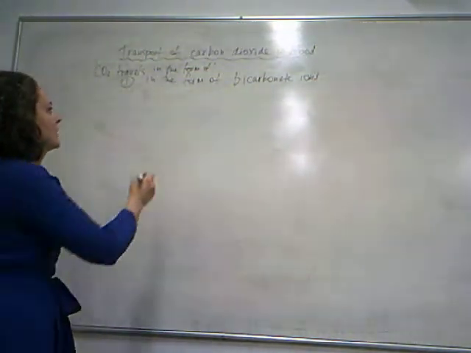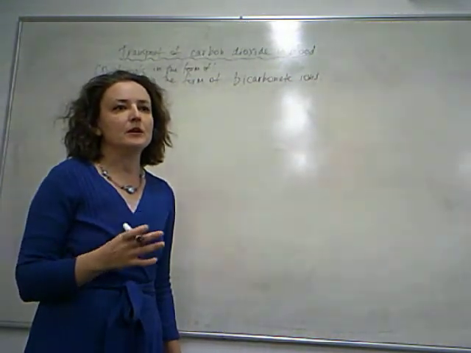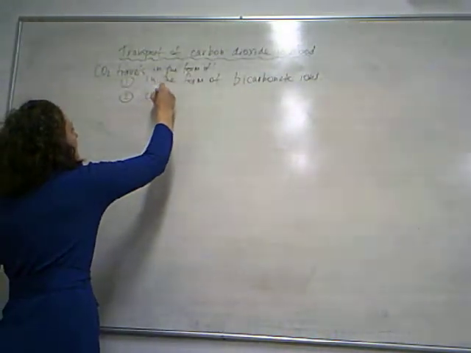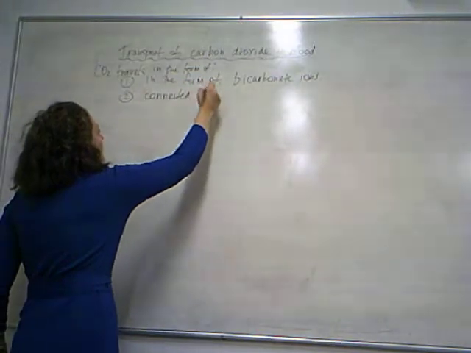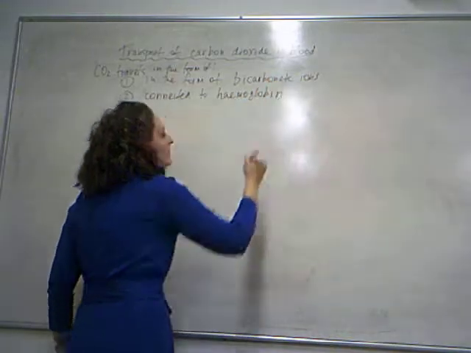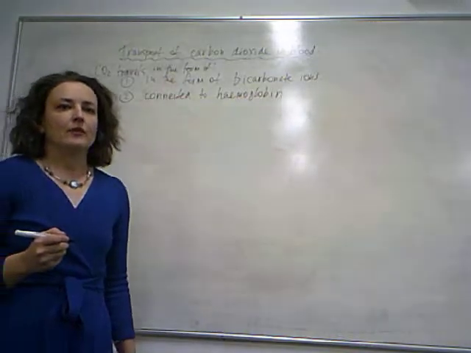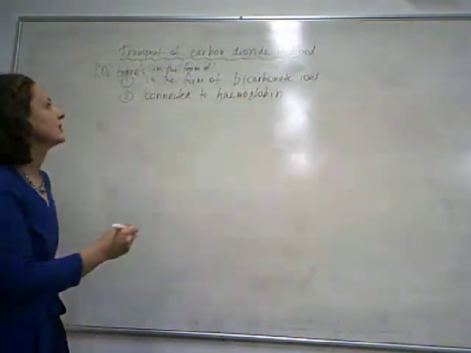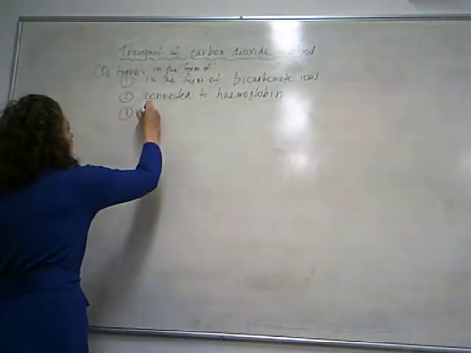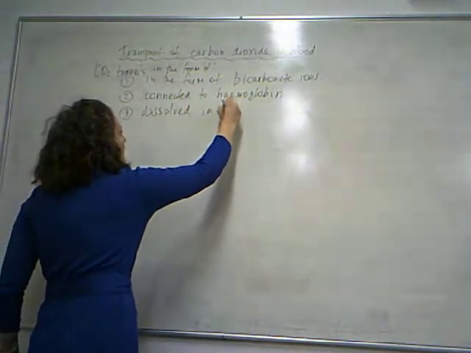Then the second method that carbon dioxide travels is by being connected to hemoglobin, right? So connected to hemoglobin. And then the third and the final method is being dissolved in plasma. So dissolved in plasma.